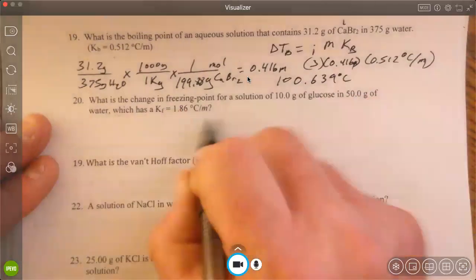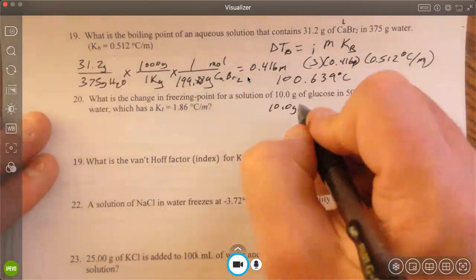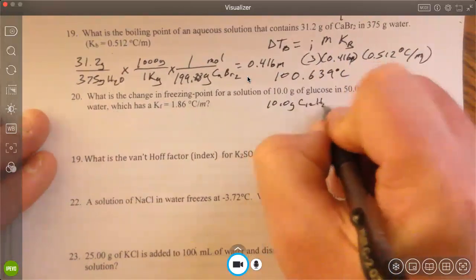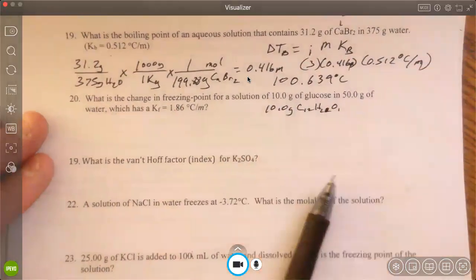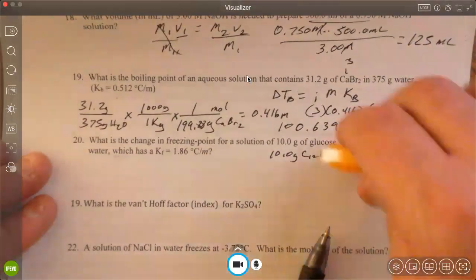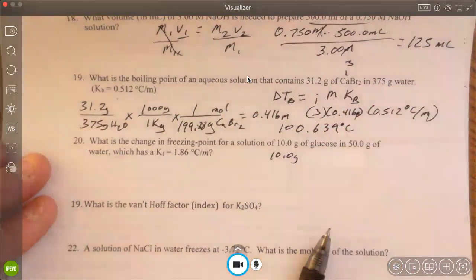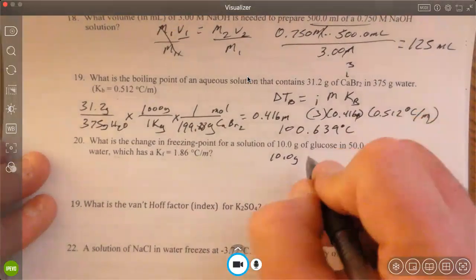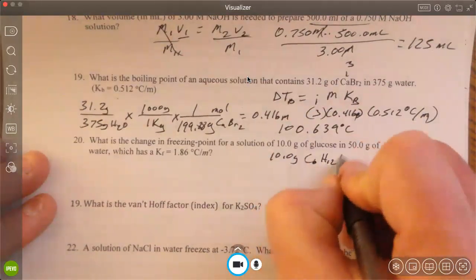So again, we need to find the molality. 10.0 grams of glucose, C12H22, I'm sorry, that's sucrose. Glucose is, and I would give you the formula for this in a testing situation, C6H12O6.